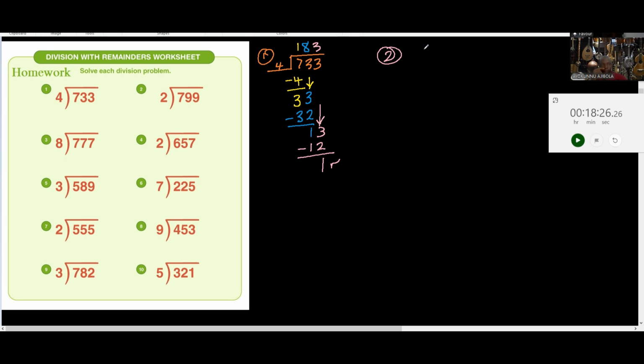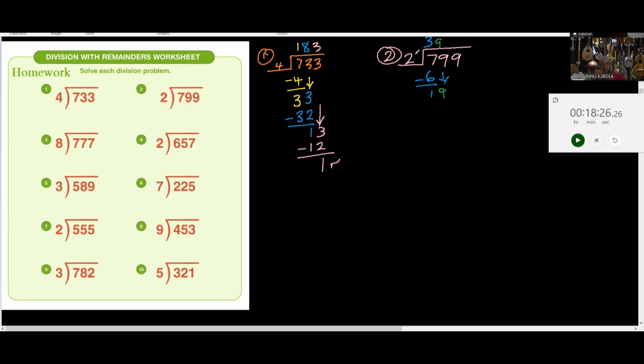Number 2. 799 divided by 2. How many 2 is in 7? That's 3. 3 times 2, that's 6. 7 minus 6, that's 1. Then you drop down what? 9. How many 2 in 19?